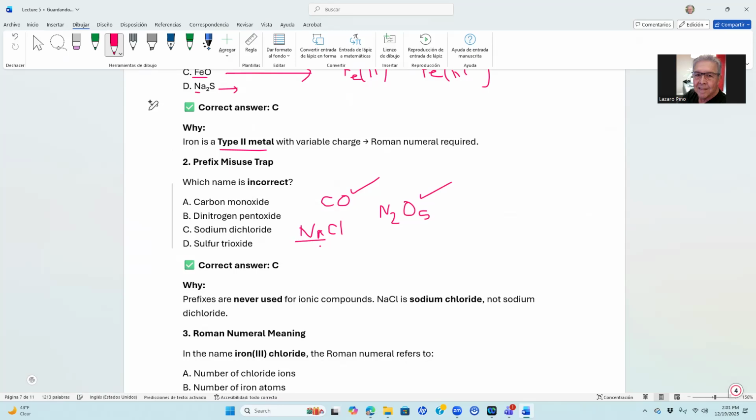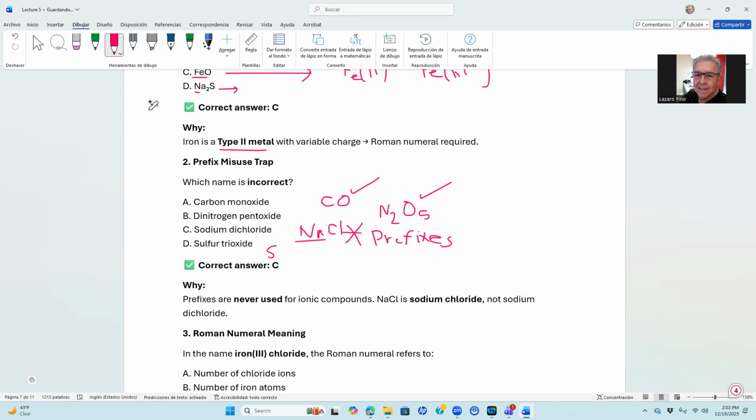Sodium is a metal. When you have a metal and a non-metal, you use no prefixes. That is ionic, and you don't use prefixes with ionic compounds.